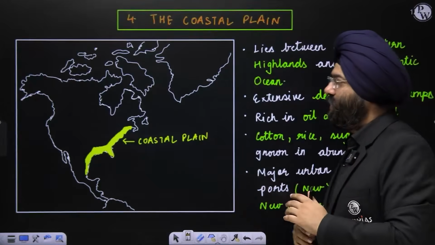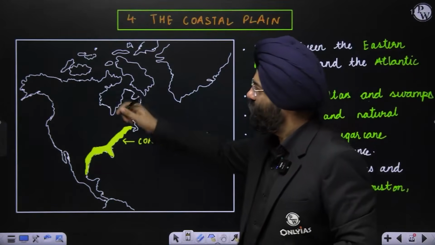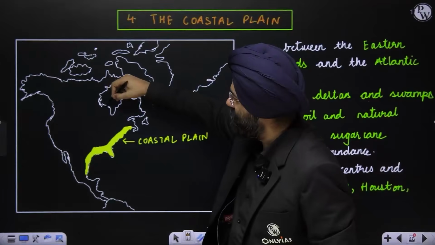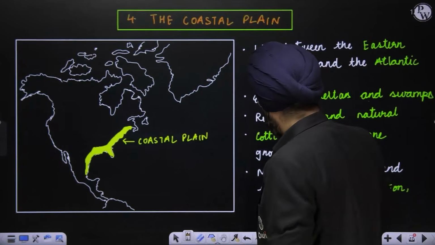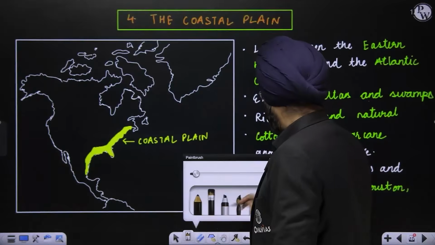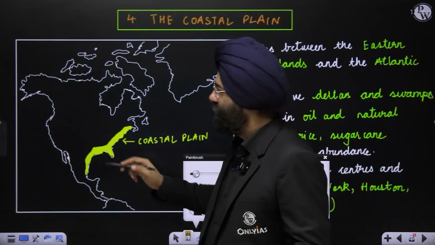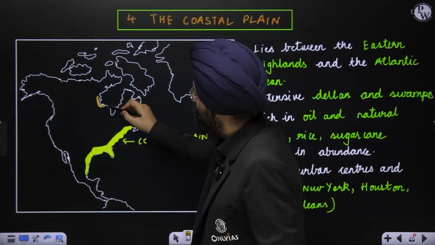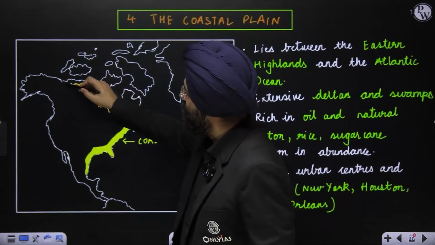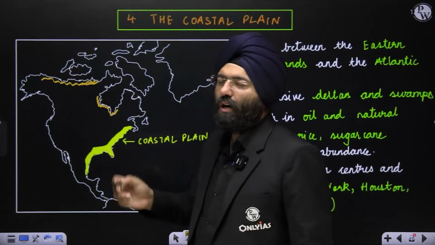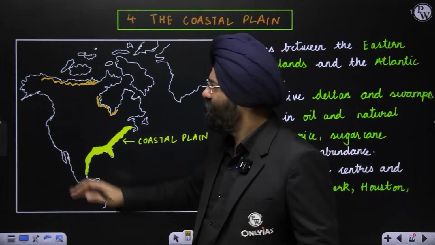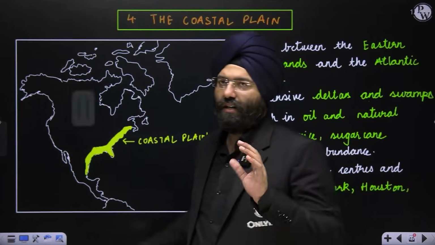Clear? We are not mentioning the Arctic because certain books mark this region along the Hudson Bay. Let me make it very clear, because many times students do come up with such questions. Certain books have mentioned this region and this region as the Arctic coastal plain, but the NCERT does not mention it, so we are not getting into that at all.